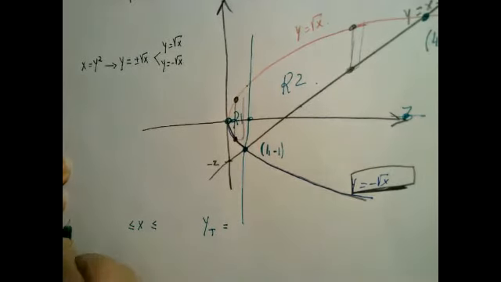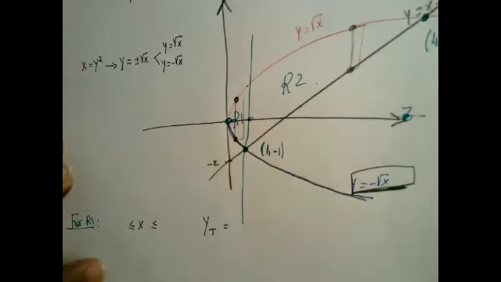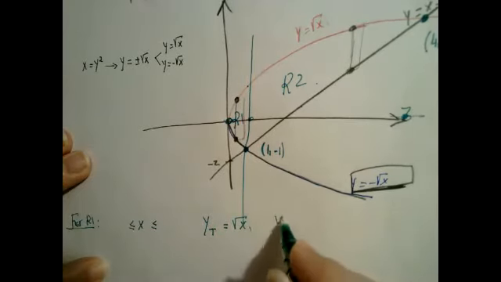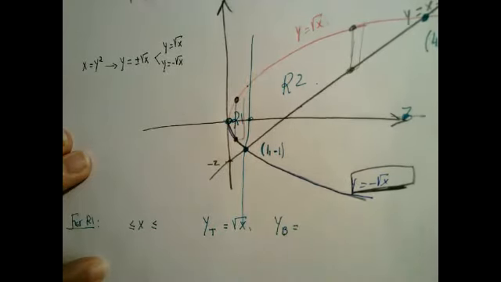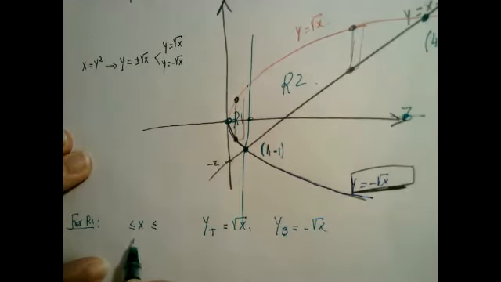For R1. This is R1. What's going to be the top curve? Look at the graph. The top curve, the square root x. Well, the bottom curve? Negative square root of x. Very good.